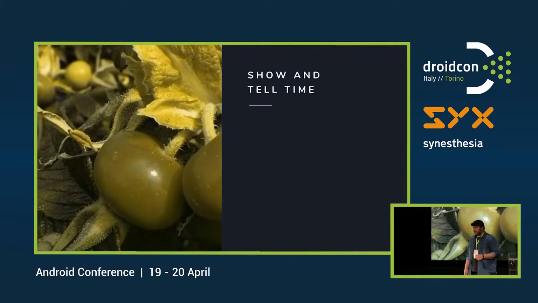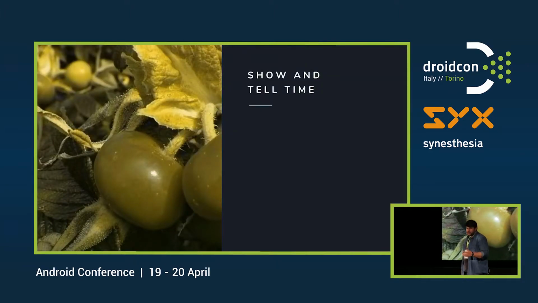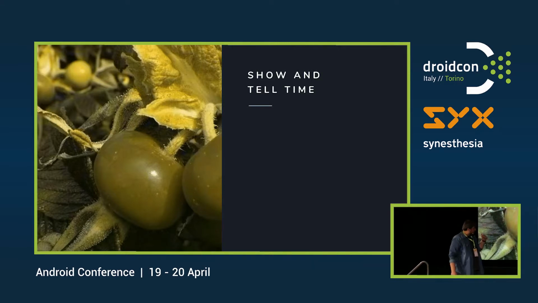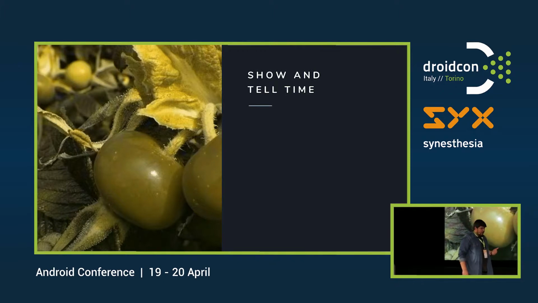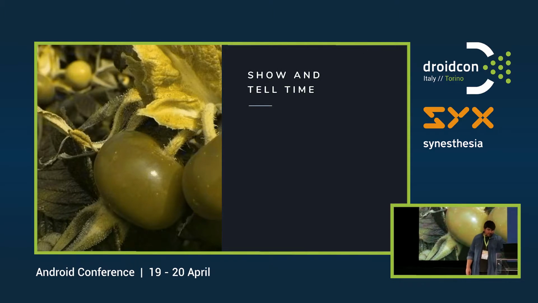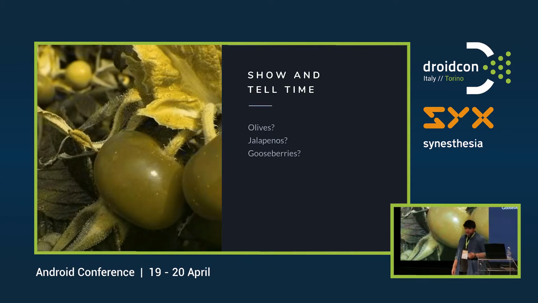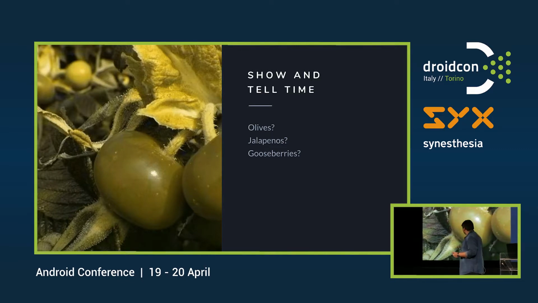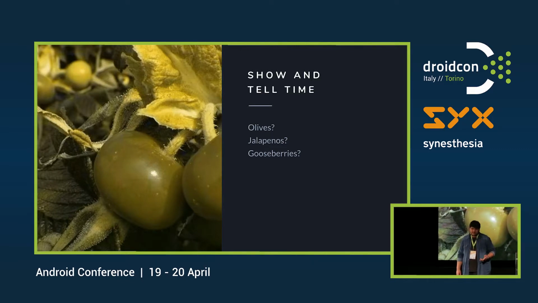Okay, so throughout the morning, I've been talking to a few random people about what they think this fruit or vegetable is. Any guesses? Okay, so here's the three most common responses I've got: olives, jalapenos, or gooseberries.